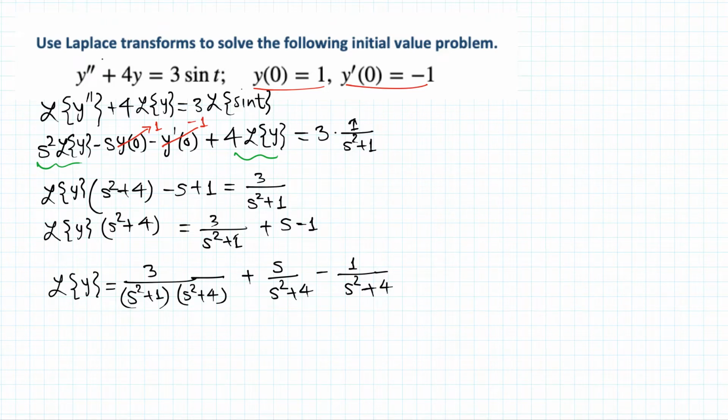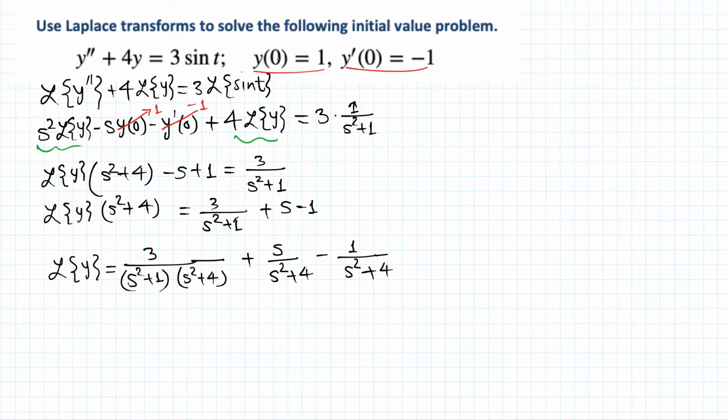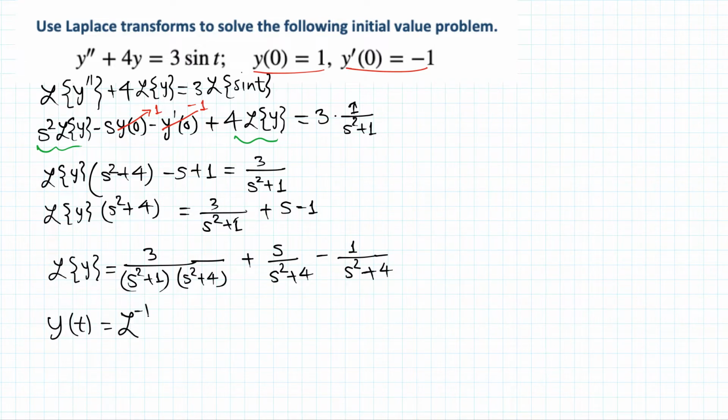Now we change this calculus problem into an algebraic one. Now we take the inverse Laplace of both sides, then we get y of t equals inverse Laplace of this first term, 3 over this one, plus inverse Laplace of this, but this is from the table. This is Laplace of cosine 2t.